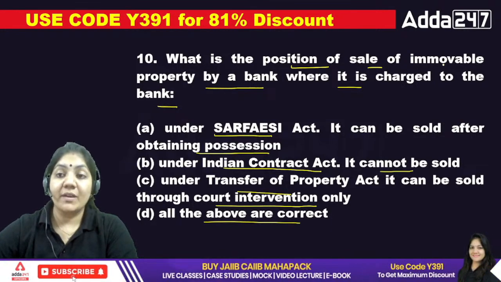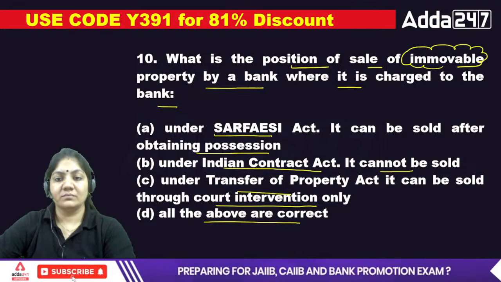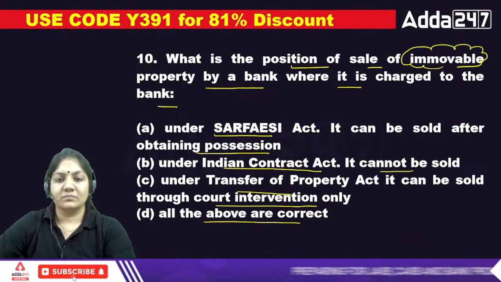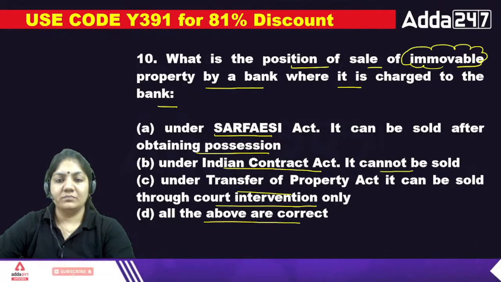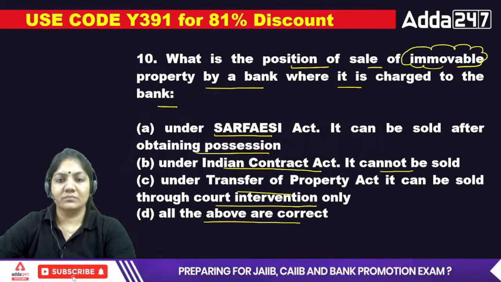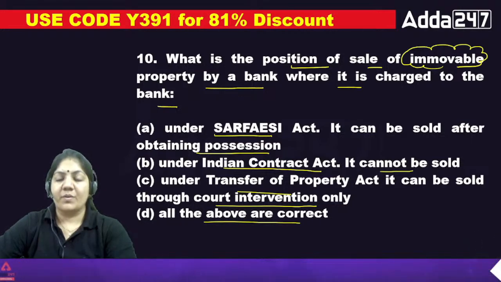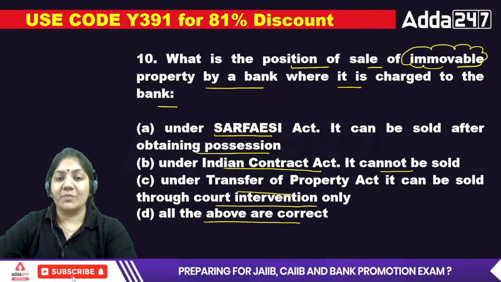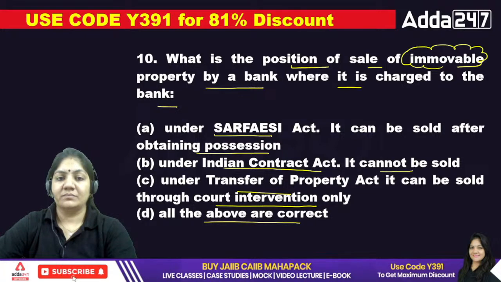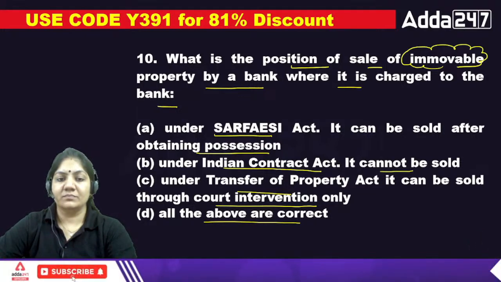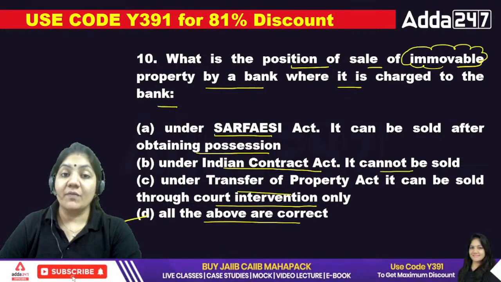And this is the sale of immovable property. What is the position of sale of immovable property where it is charged to the bank? 10th one, all the points are correct regarding the sale of immovable property.